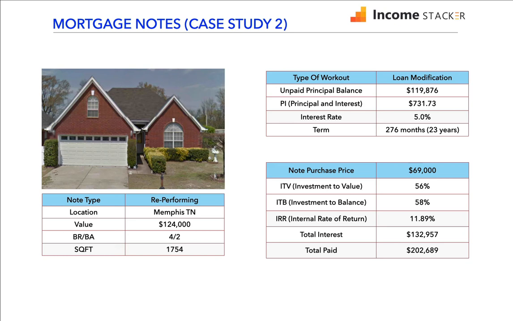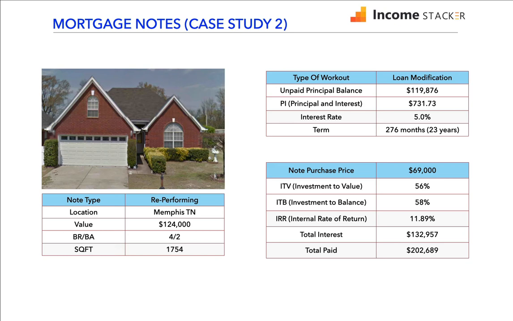So did we purchase this for face value? Of course not. We paid $69,000, which is roughly 58% of the unpaid principal balance, and we are very safe because we're sitting at 56% loan to value, or investment to value, whichever way you want to say it.